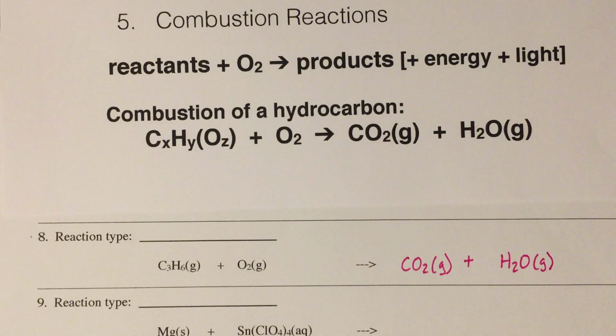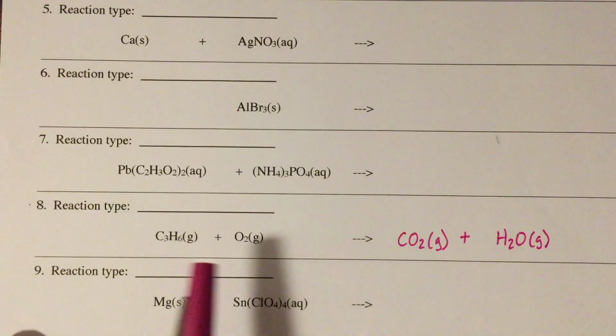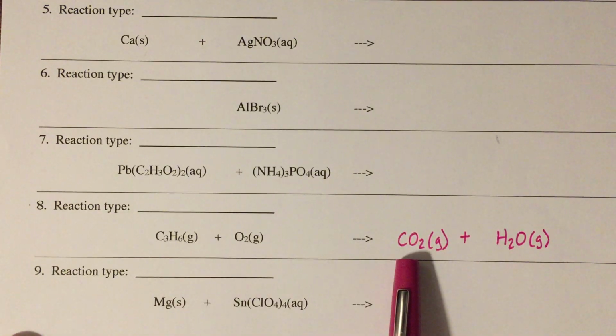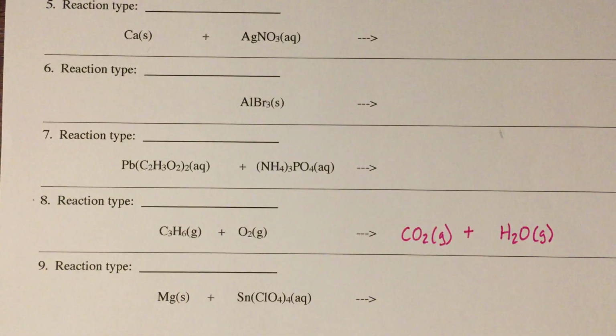Depends on the temperature of the reaction. So that's it. The products are really easy once you determine it's combustion. Once you know it's combustion of a hydrocarbon, even if there was oxygen in here, it's always going to be carbon dioxide and water. All right, so let's go ahead. Oh, and I need to label that. So combustion, we're just going to put a C.